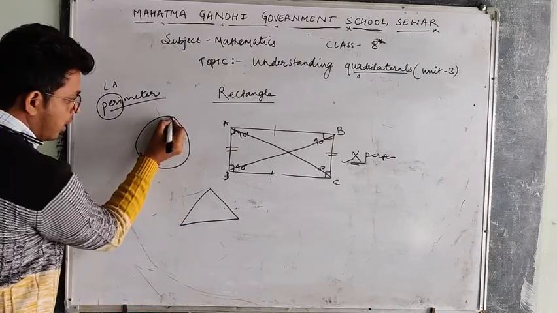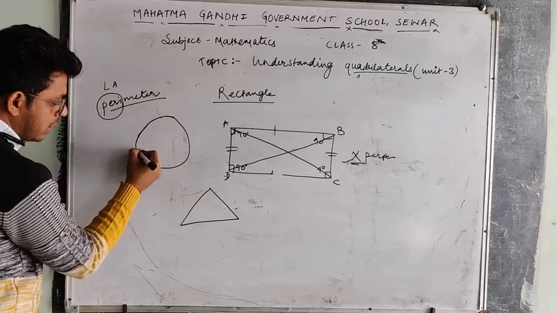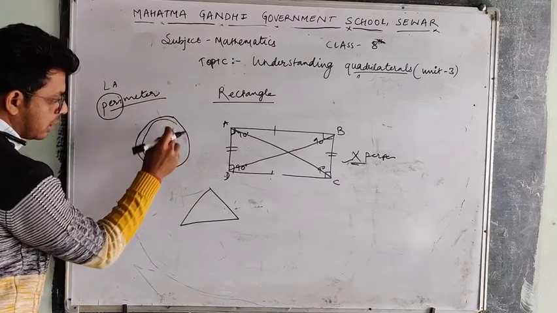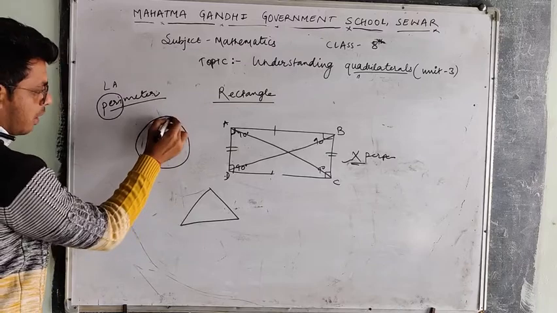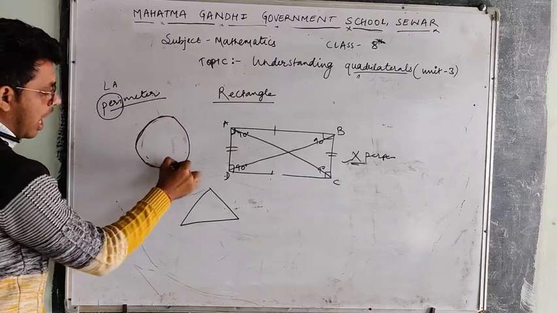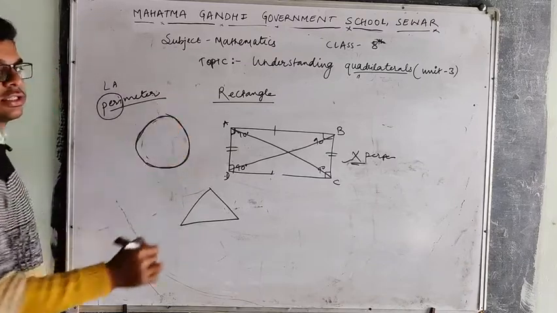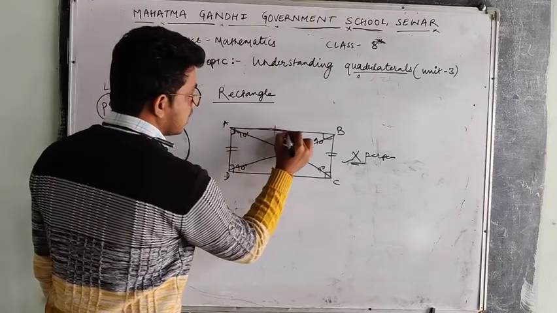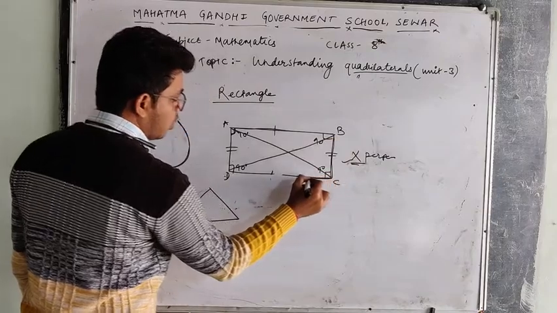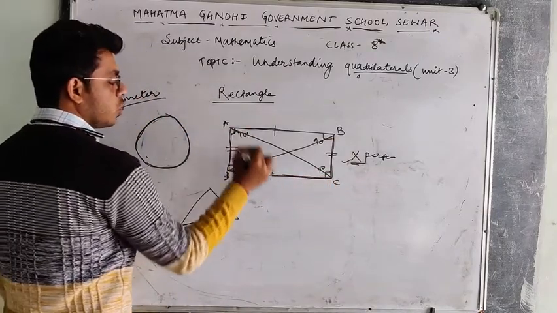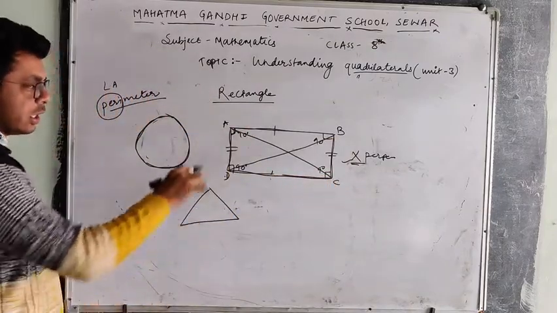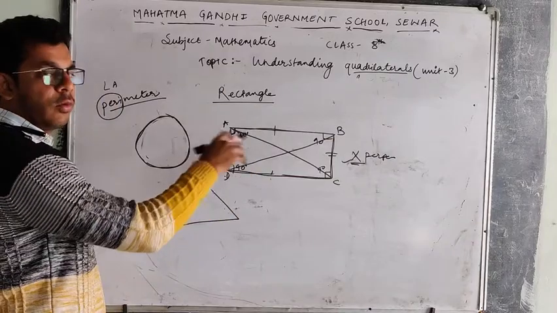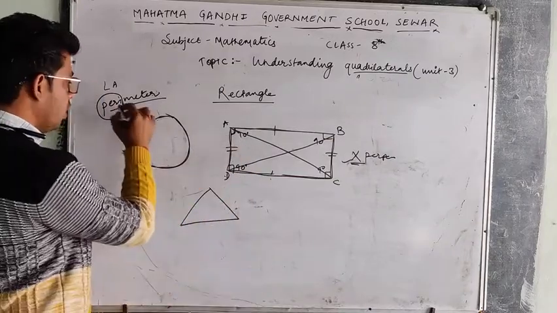This circle is enclosing this area, so this will be the perimeter of the circle, or we can say the outer boundary of any structure is called perimeter. Anything which is enclosing any area or forming the boundary of any structure is called perimeter.